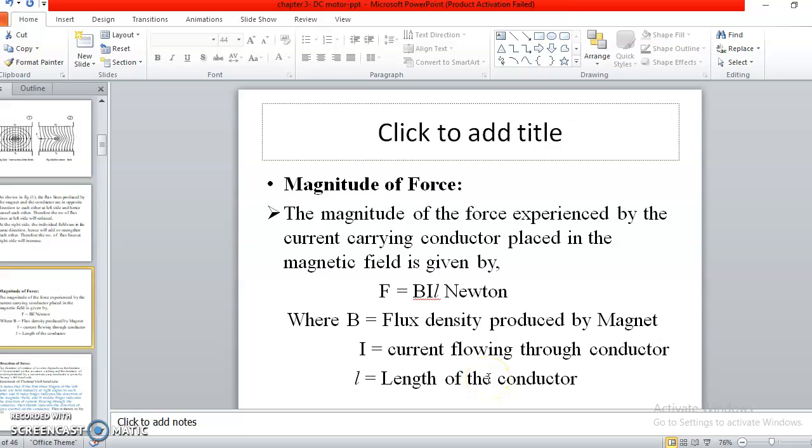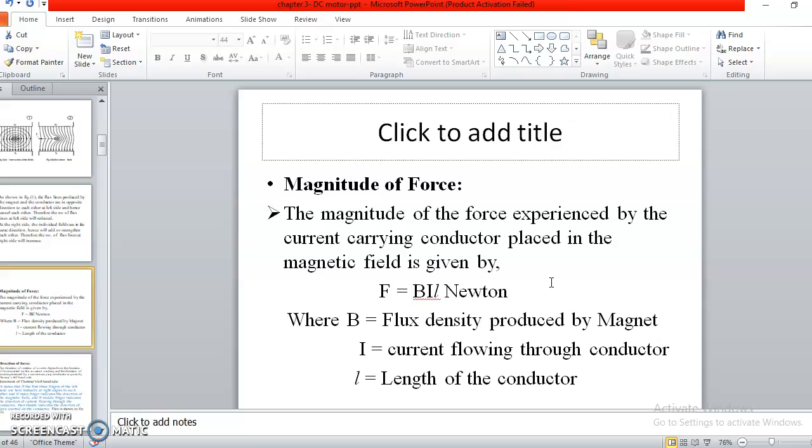The simple working principle of DC motor is that to complete the operation we require three things. First, individual magnetic fields. Second, interaction of these two magnetic fields. And third, force is exerted. To generate these individual magnetic fields, we will discuss the construction of the DC motor in the next PPT. The magnetic field is produced by the field winding, and a current carrying conductor is placed on the armature.